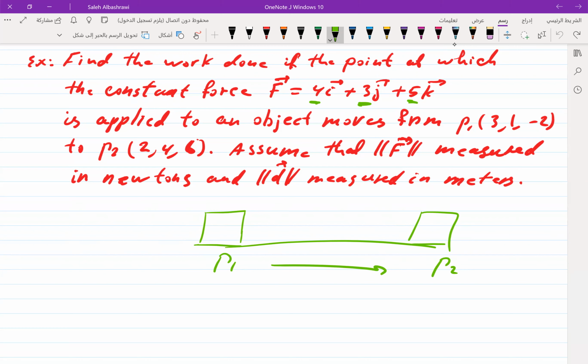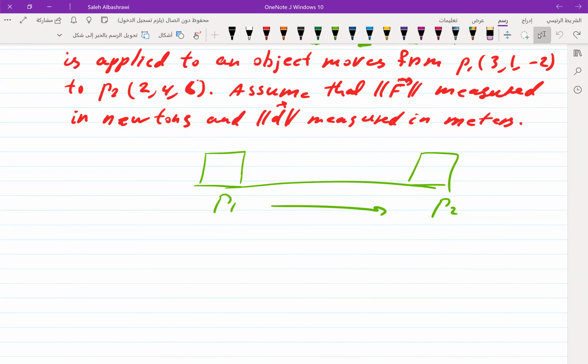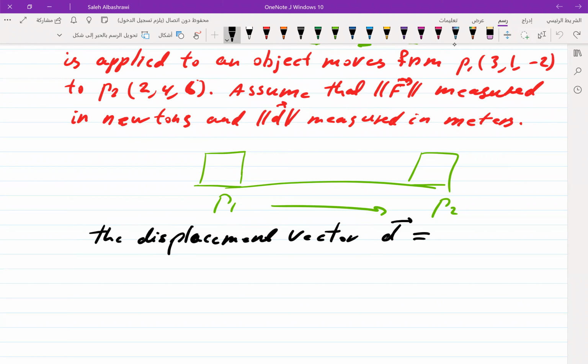So to find the work done, which is F dot D, we have to find the vector D, the displacement vector, from P1 to P2.